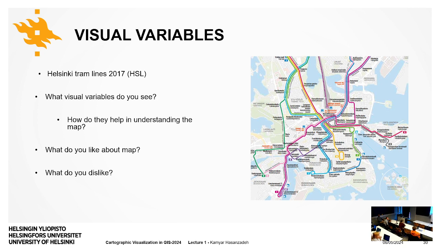You have the number for the tram lines. We also have texture there, so the cartographer has added a bit of texture to show that that's a train line. So we can argue whether this is a good map or not, but it's a good example of how you can use visual variables in your map.